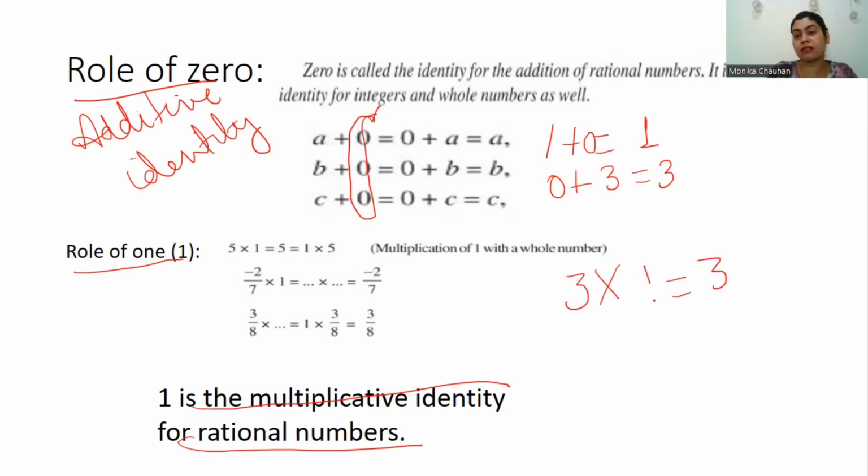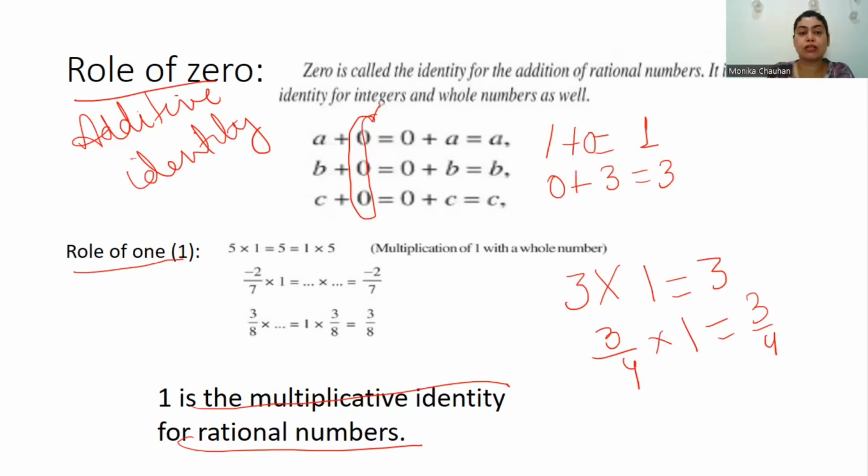I have to multiply with 1 to get the same number. Suppose I say 3 upon 4, what do I need to multiply to get the same 3 by 4? I have to multiply with 1. So 1 is called the multiplicative identity. Remember again, 0 is called the additive identity and 1 is called the multiplicative identity.